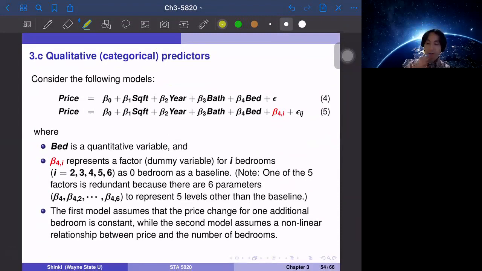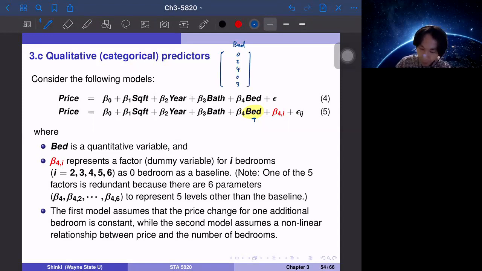So we think about the situation. Basically, we have several ways to deal with this variable. One is just to think of this as a numeric variable. Another way is to think of this as a categorical variable and prepare dummy variables. Suppose the number of bedrooms are 0, 2, 4, 0, 3 or something.